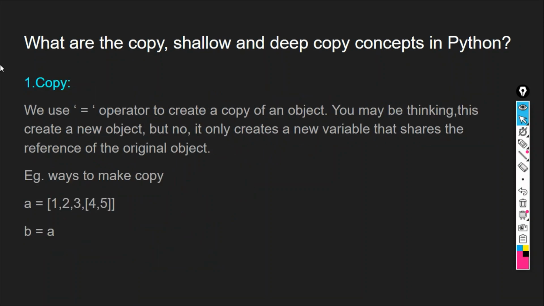Here we are going to see simple copy using the assignment operator. When we use the assignment operator to create a copy of an object, this is just a simple copy. This is your original list and you want to create a copy of it in object b, so you have done b is equal to a.